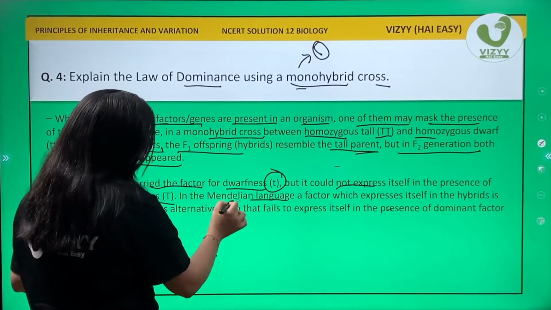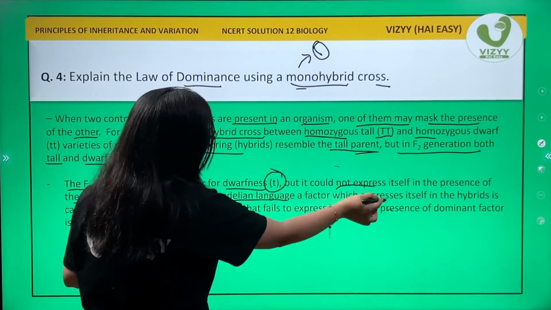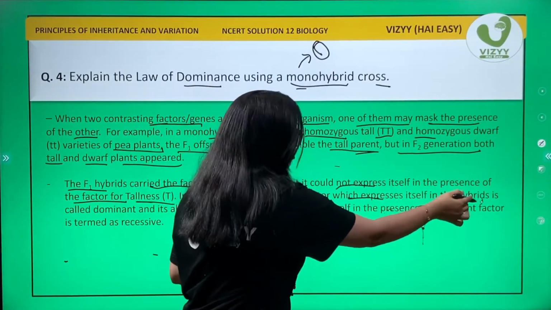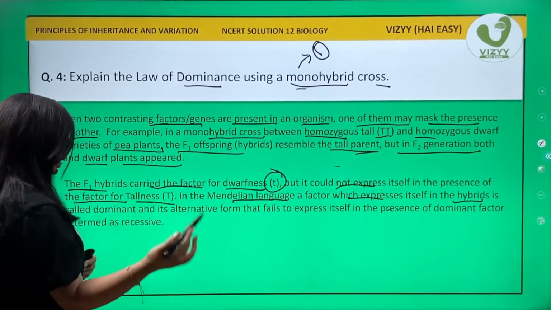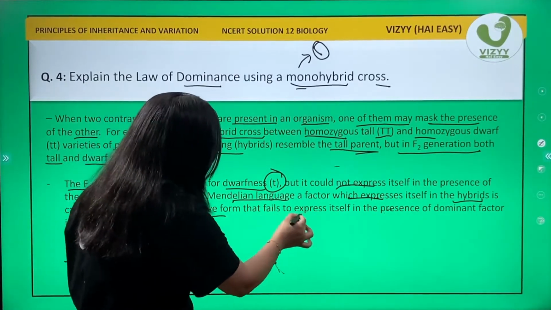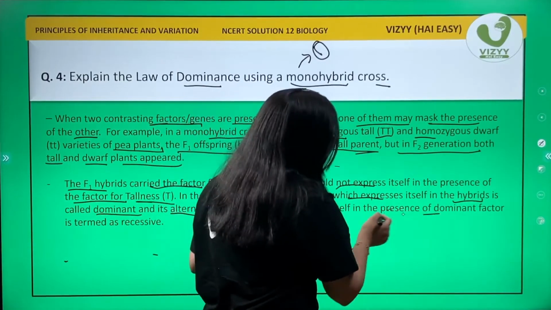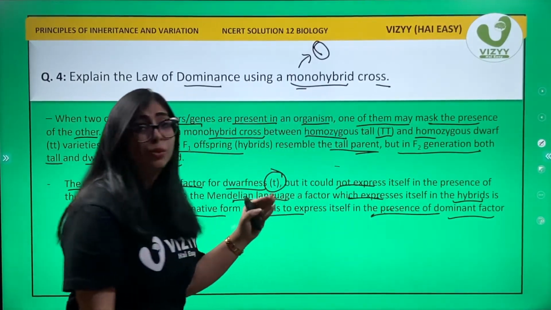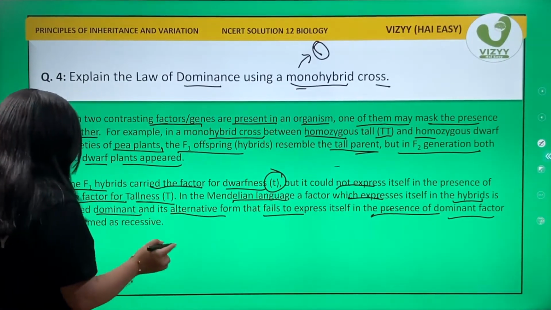In Mendelian language, a factor which expresses itself in the hybrids is known as dominant, and the alternative form that fails to express itself in the presence of the dominant factor is known as recessive.